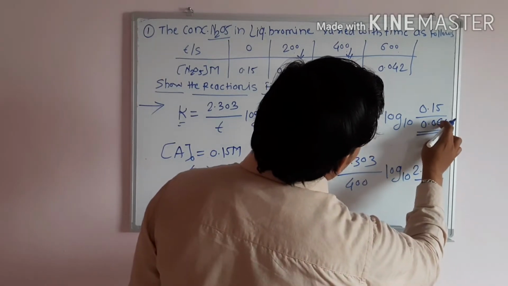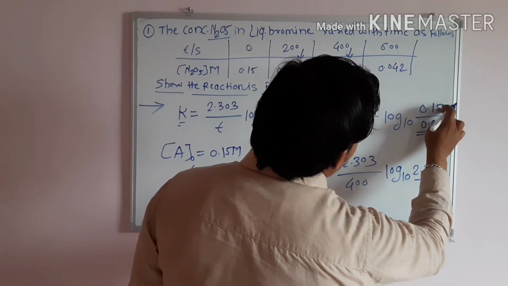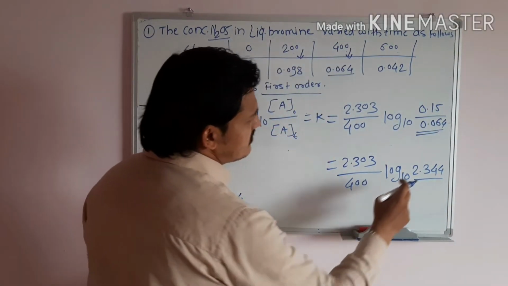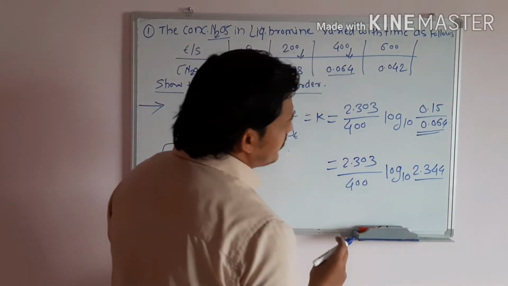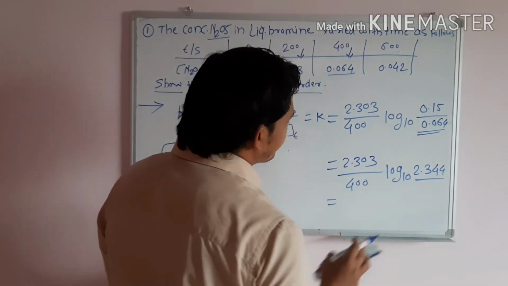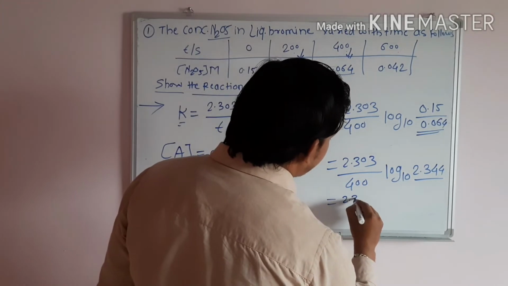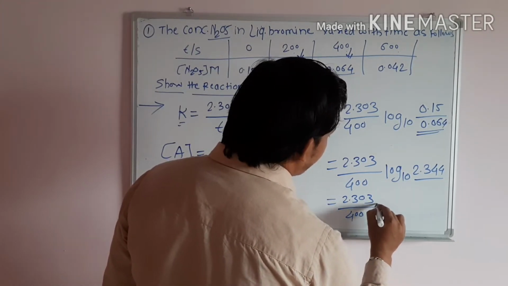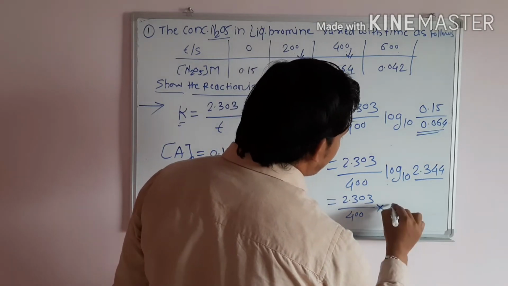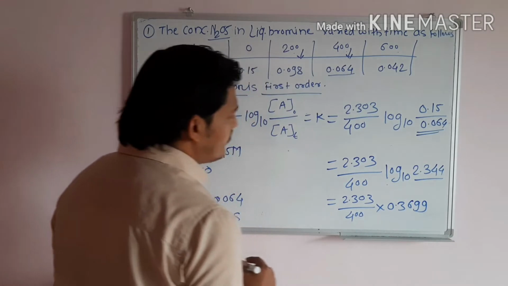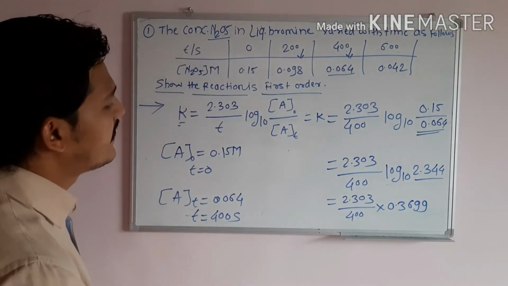150 divided by 64, that is equal to 2.344. Then log of 2.344 is equal to 0.3699. So 2.303 divided by 400 into the log that we got, 0.3699.